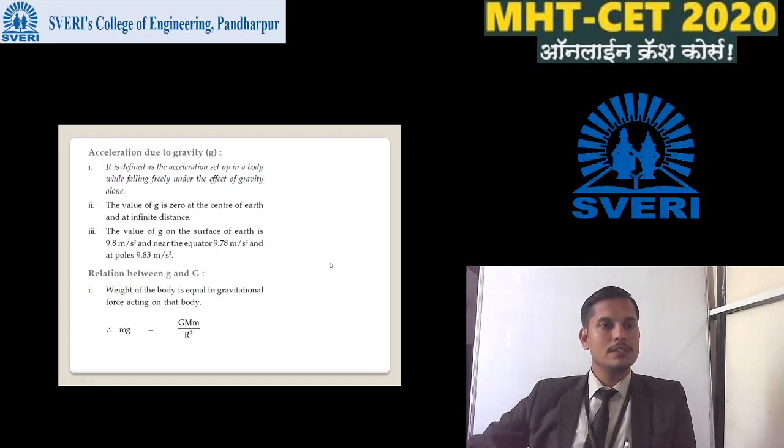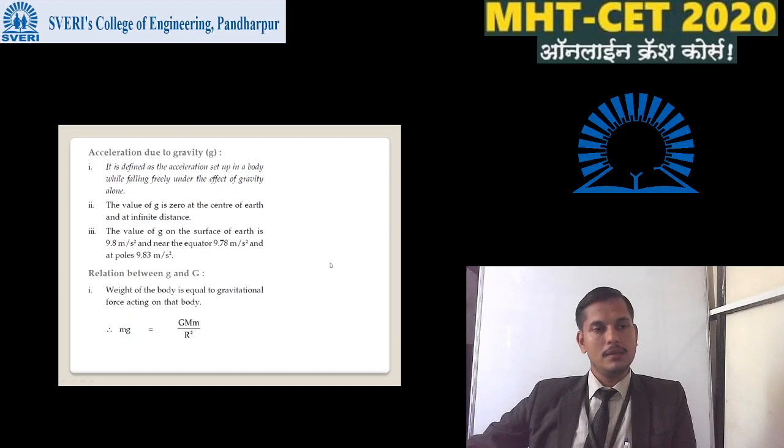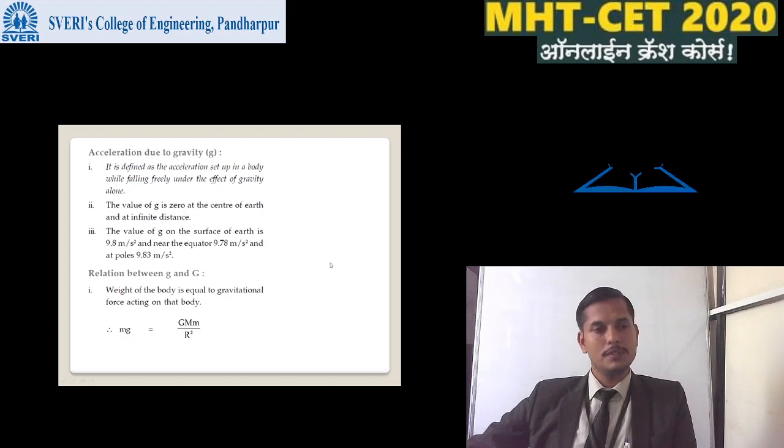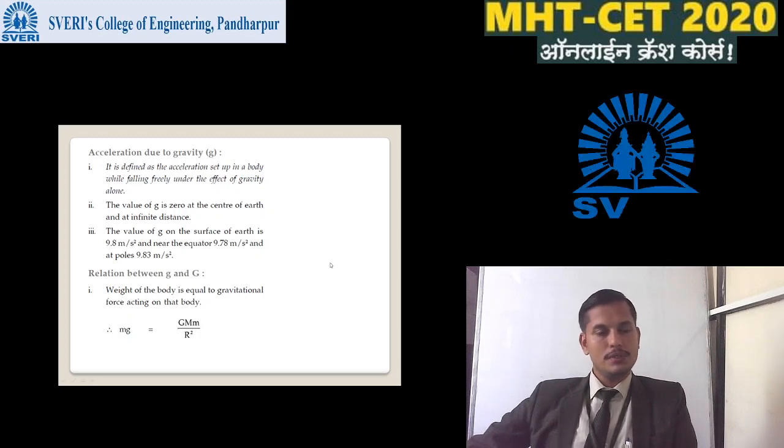That is called acceleration due to gravity. Its value is 0 in both cases, at the center of earth and at infinite distance. Its value on the surface of earth is 9.8 meter per second square. At equator its value is 9.78 and at poles it is 9.8.